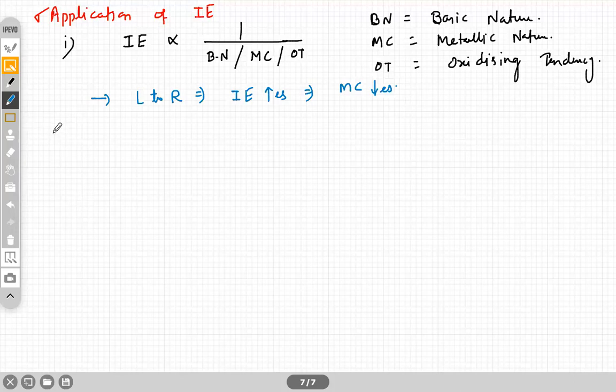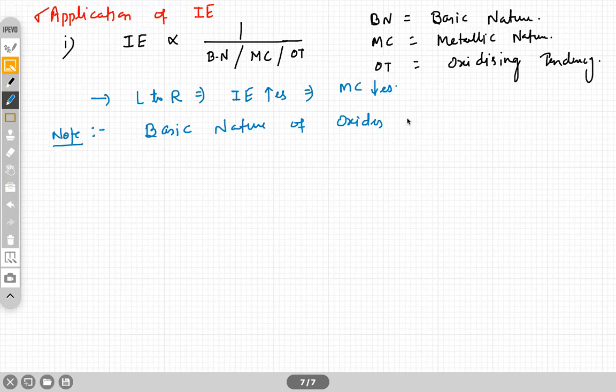In this, only one note you write down: basic nature of oxides is inversely proportional to its ionization energy.